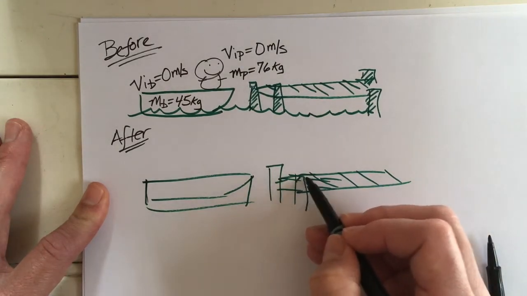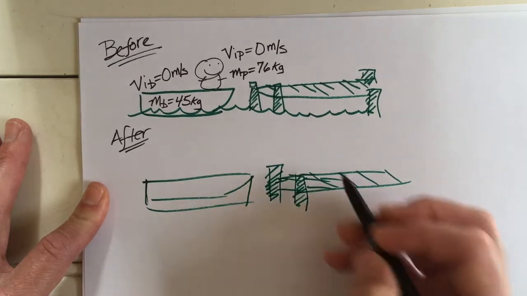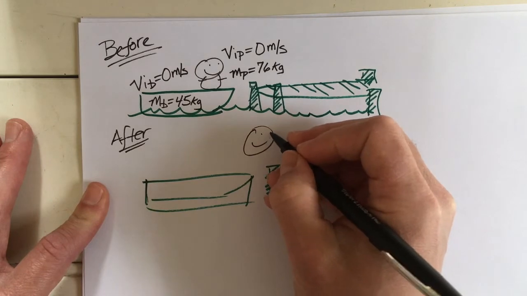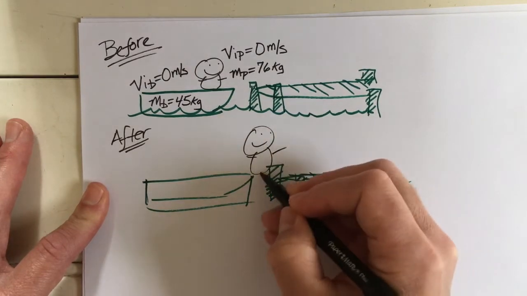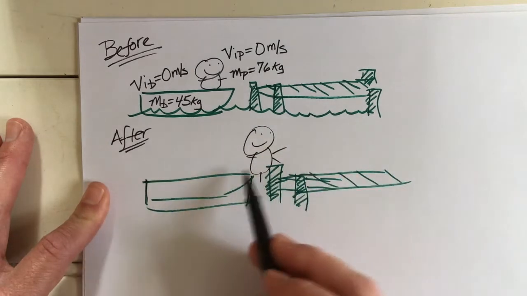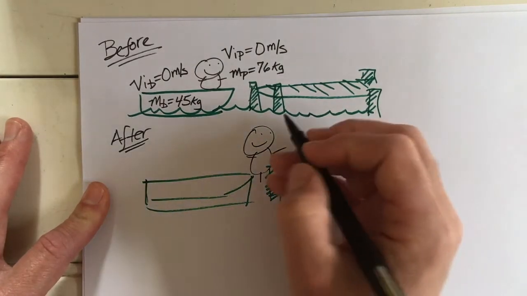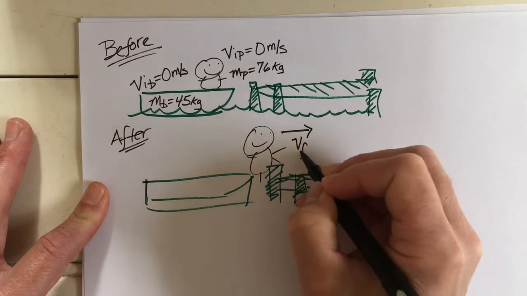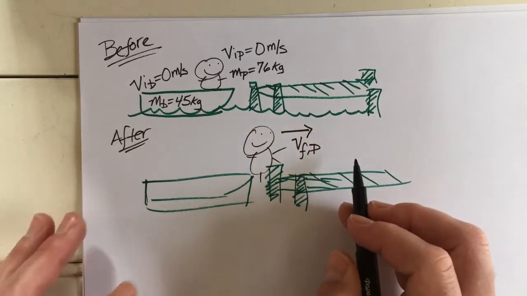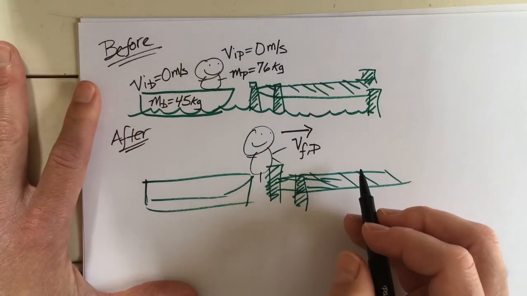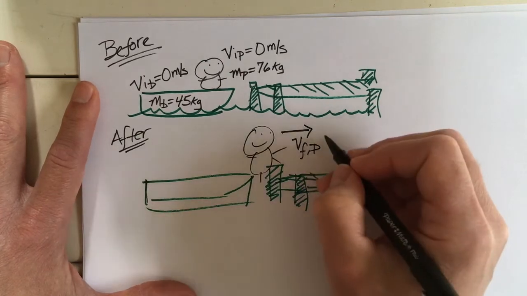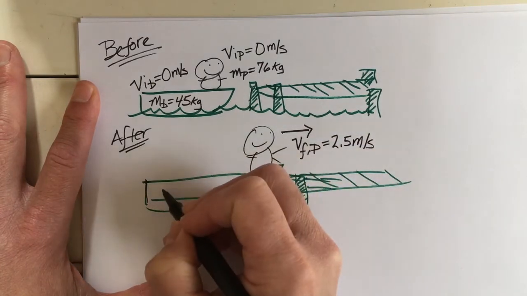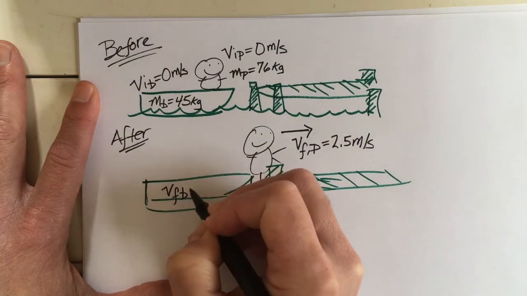All right, they're stepping out of the boat, obviously, and their final velocity is going to be directed that way, VFP, which is going to equal 2.5 meters per second. We want to know what is VFB.